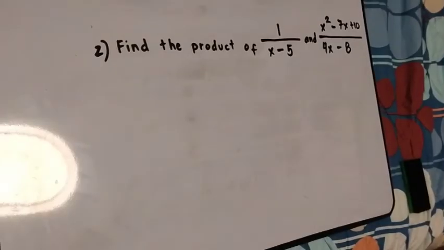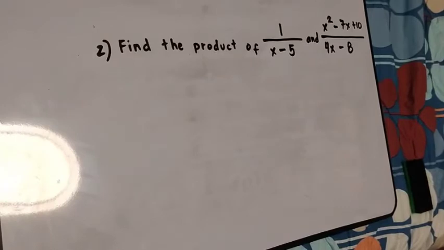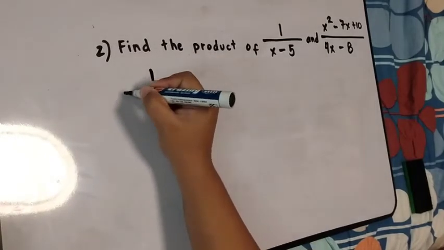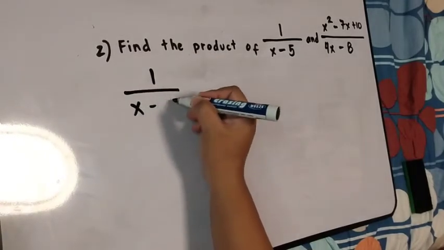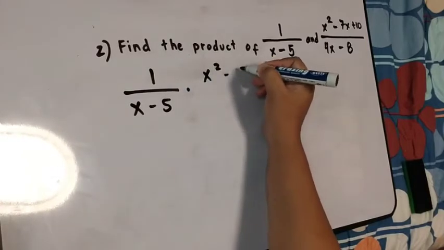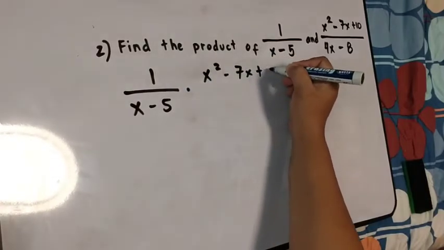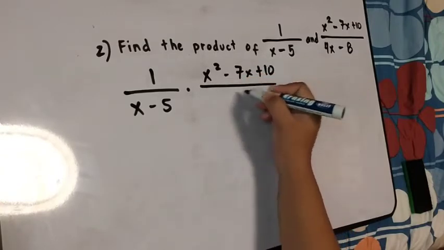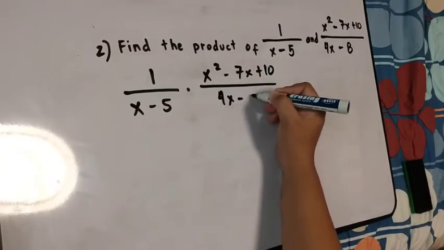Next example is find the product of 1 over x minus 5 and x squared minus 7x plus 10 over 4x minus 8. So, again, product. So, multiply natin. This is now 1 over x minus 5 times x squared minus 7x plus 10 all over 4x minus 8.